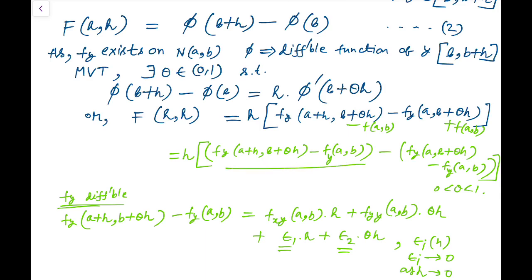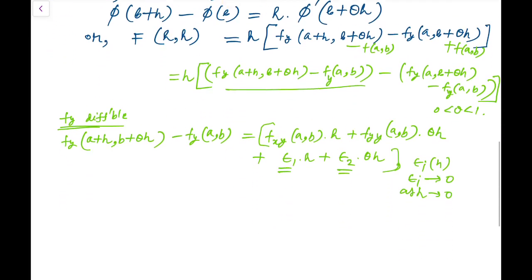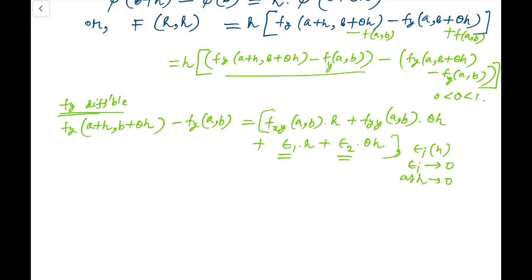So for the first bracket we will replace these terms, and now let's see the second term. In the second term what do we have? fy of a comma b plus theta h minus fy of a comma b. So this will go as: first the constant of the derivative with respect to x, at a comma b, into the change in x coordinate, that is 0.